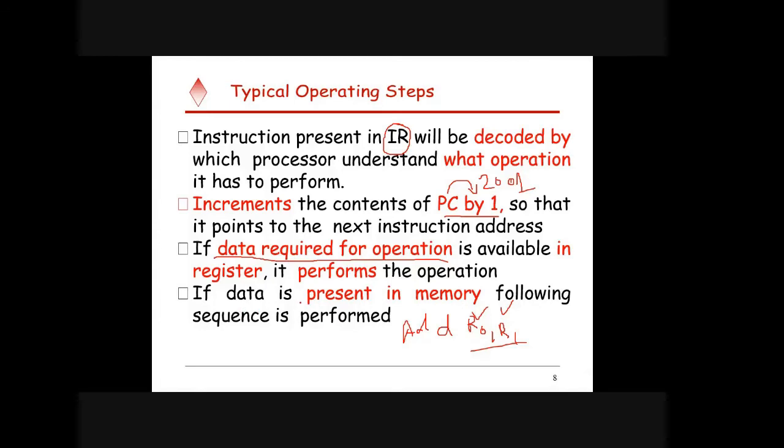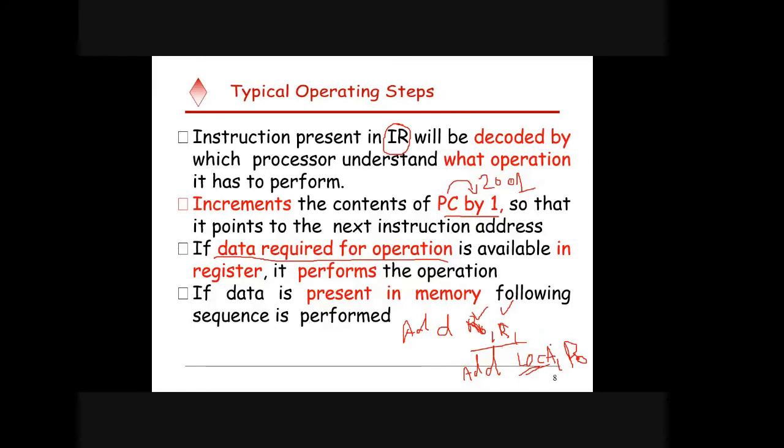If the data is present in the memory, for example, instead of R0, the instruction I have shown before, like add location A, R0. In this case, what will happen? Location A is in the memory unit.